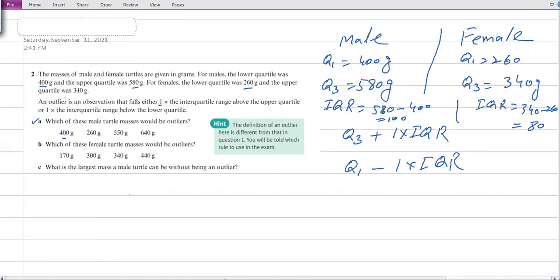For the male turtles, first we have to find Q3 plus 1 time interquartile range. Q3 for the male is 580 plus 1 into the interquartile range, so that will become 680. Any value greater than this will be an outlier.